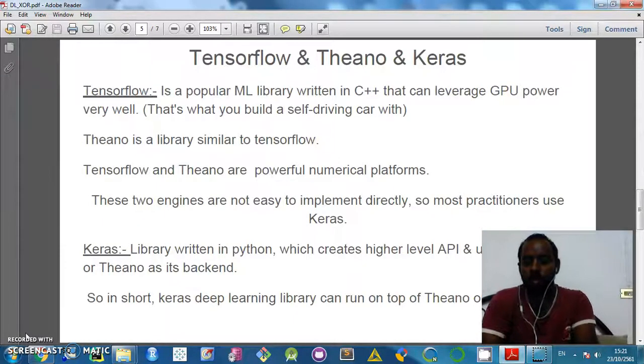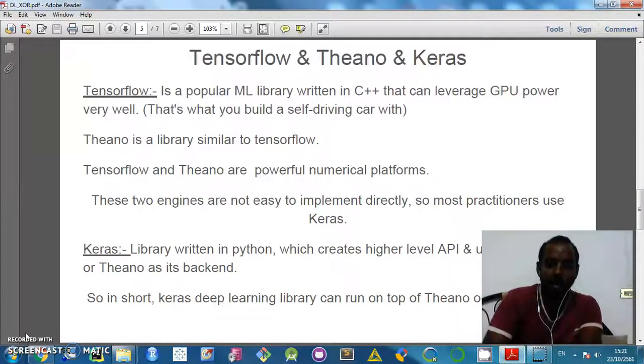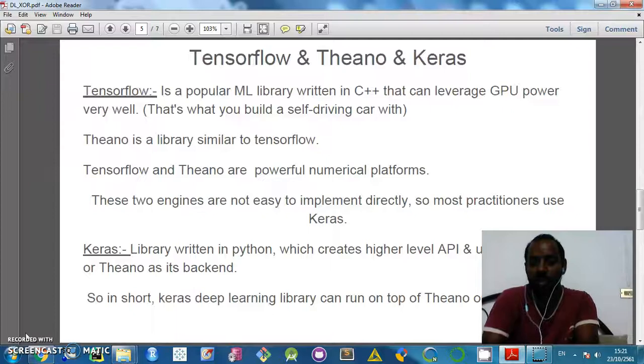There are popular libraries like TensorFlow, Theano, Keras. TensorFlow is a library written in C++ that leverages GPU power capacity. TensorFlow is a popular machine learning library with which the self-driving car, if you have heard, is built. Theano is also a similar library to TensorFlow.